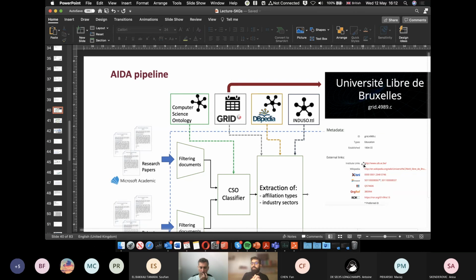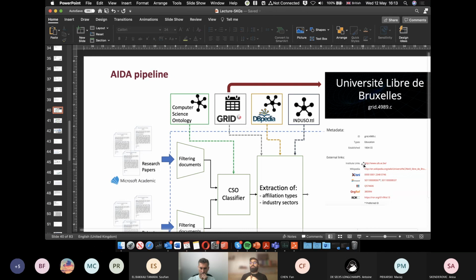However, I need to set up a pipeline, an algorithm that, given the string Open University, that can come in several ways: Open University, the Open University, Knowledge Media Institute at the Open University, is able to connect to the GRID ID of the university. So this is the second problem. Those are the main two problems of why the GRID ID information can be missing in the dataset.